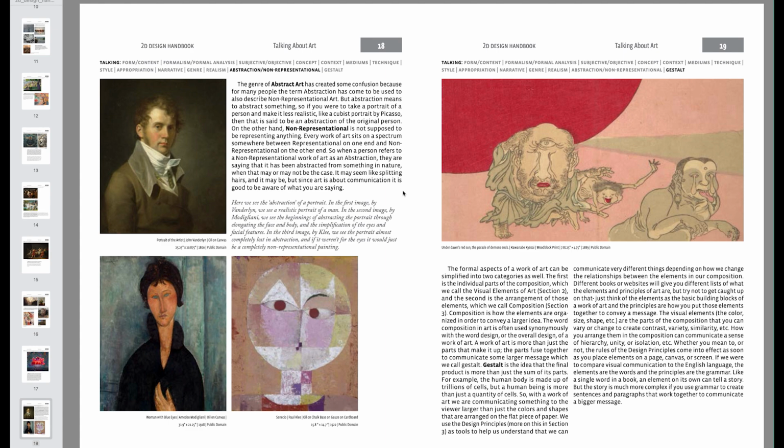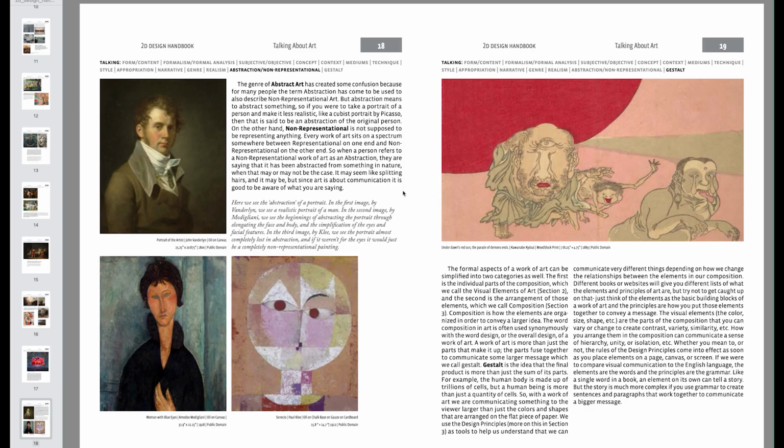The word composition in art is often used synonymously with the word design, or the overall design of a work of art. A work of art is more than just the parts that make it up. The parts fuse together to communicate some larger message, which we call gestalt. Gestalt is the idea that the final product is more than the sum of its parts. For example, the human body.